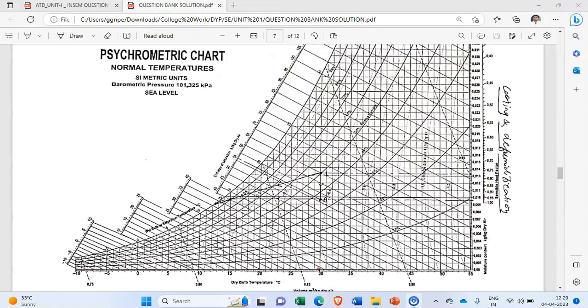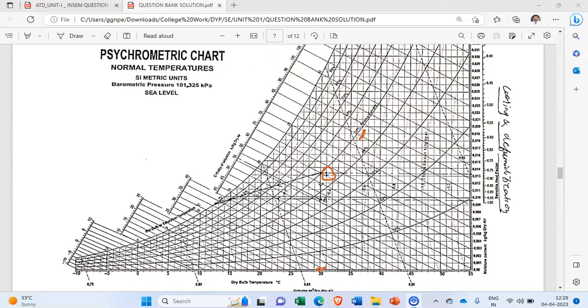At dry bulb temperature 30 degrees Celsius and relative humidity 50%, which is given, this is the 50% relative humidity line. Wherever the vertical 30 line and this curved line intersect, that point is point number 1.